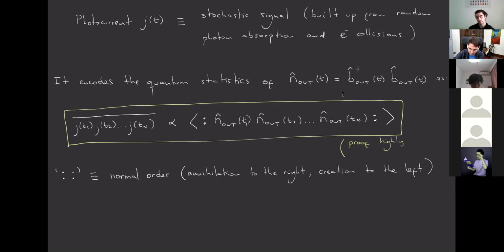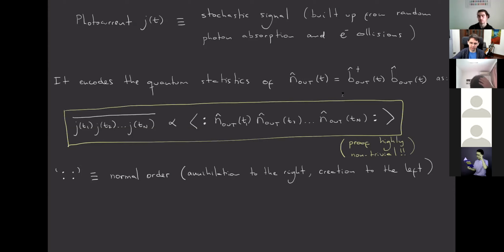It's not super difficult, but it requires a few smart ideas and then a lot of work, okay? So for here, the only thing that we will need is that you believe me when I say that the stochastic statistics of this photocurrent encode the quantum statistics of this photon number output operator.